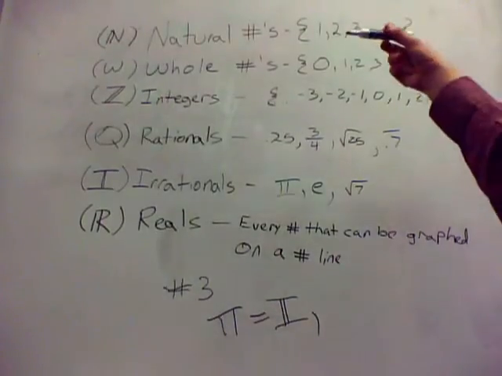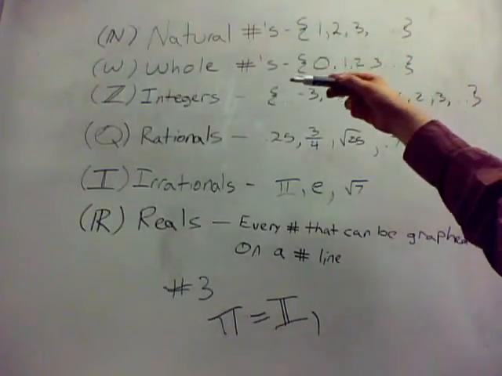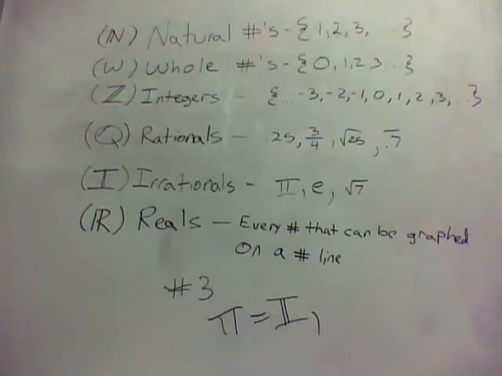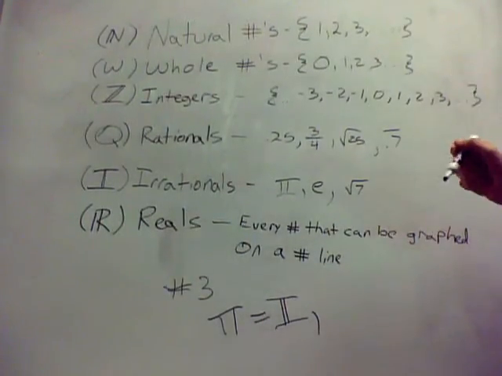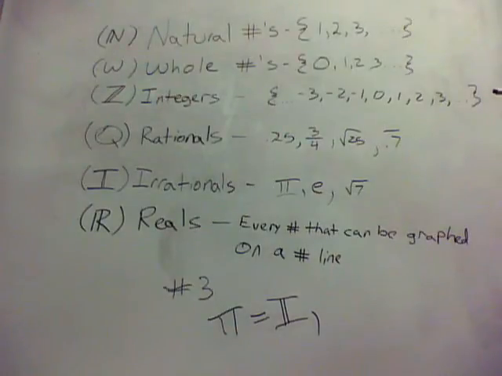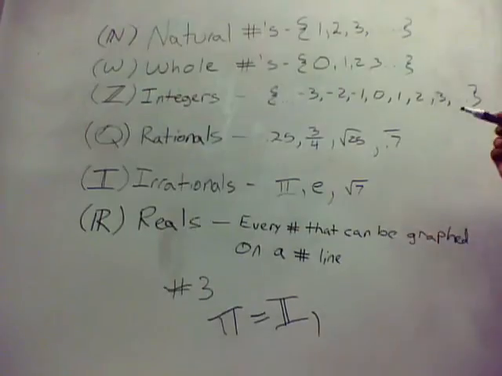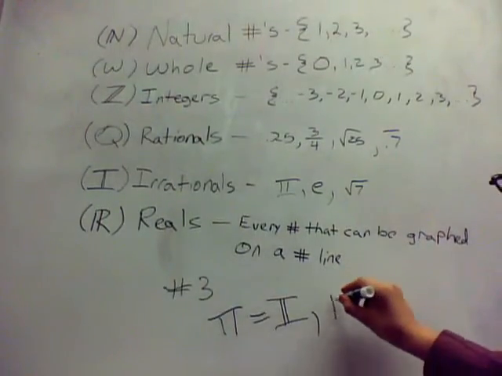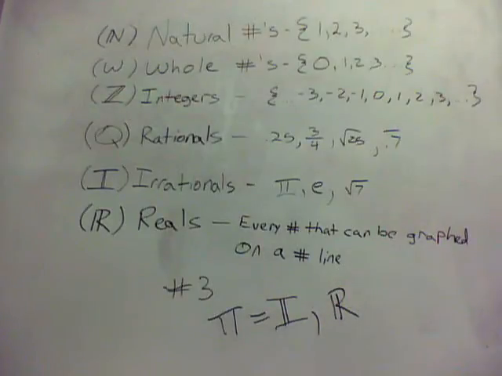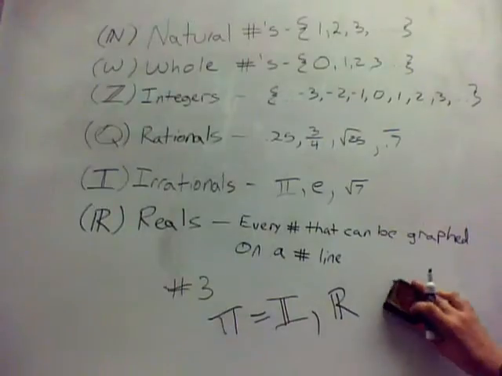And then we ask, is it part of the naturals, wholes, or integers? Well, pi is not part of these because we're not allowed any decimals in the natural numbers. Same reason for the wholes and the integers. But like I said before, everything's a real, so it's part of the irrationals and the reals. That's number 3.